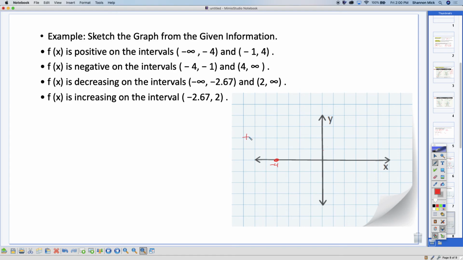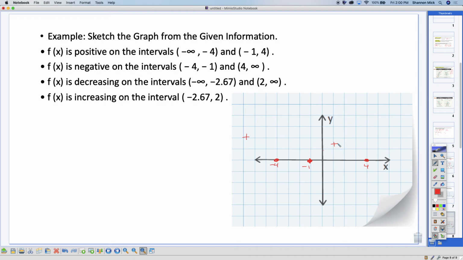And between -1 and 4, I know those are both x-intercepts, correct? Following what I'm doing, right? Then what's the next thing it tells me?